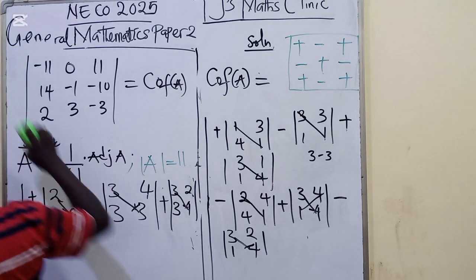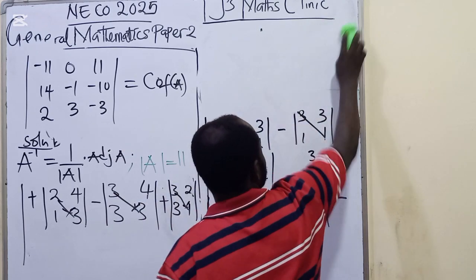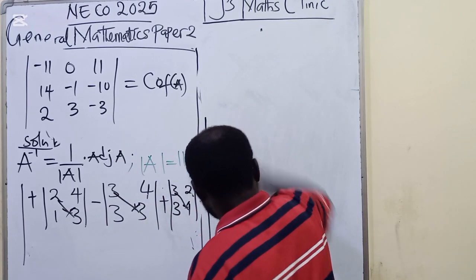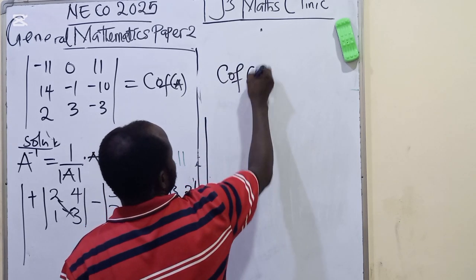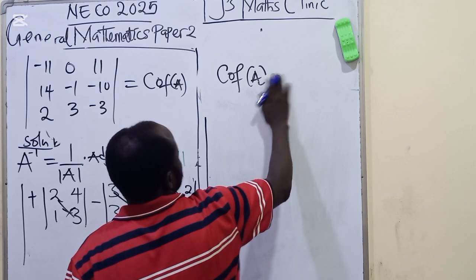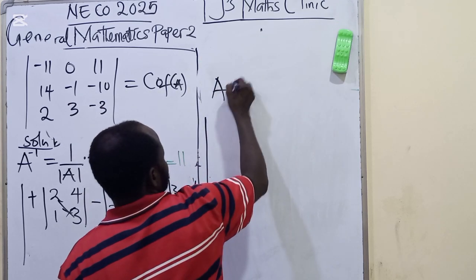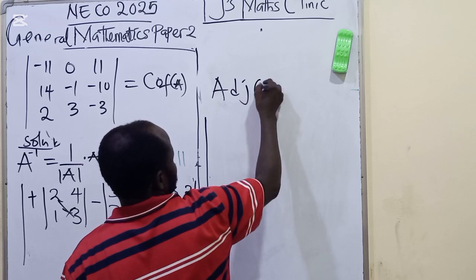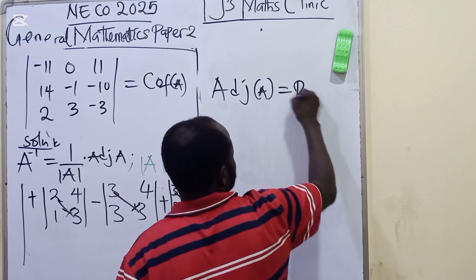Very important. So the adjoint of this A now will be, let me clean here. The adjoint of A will be, the cofactor is given as this. The adjoint of A, let it be B transpose.